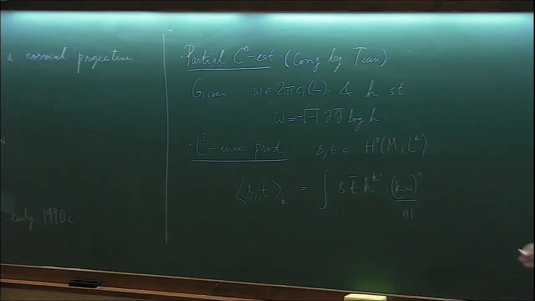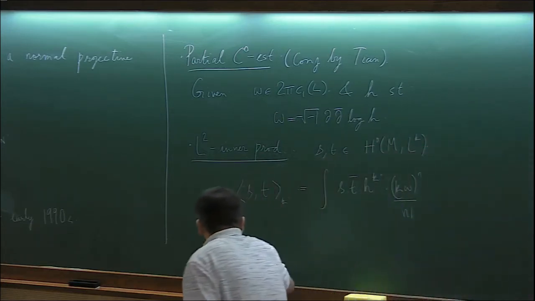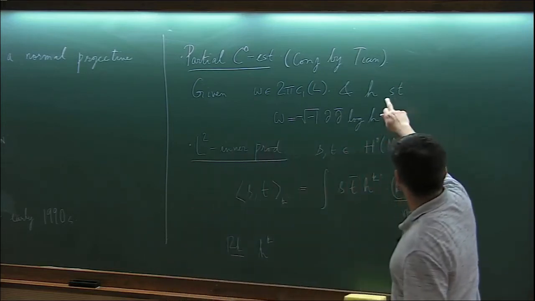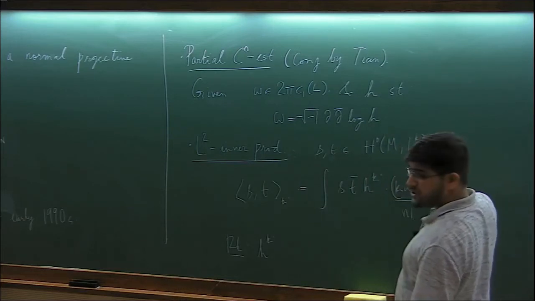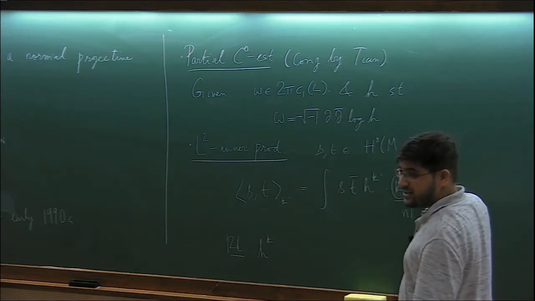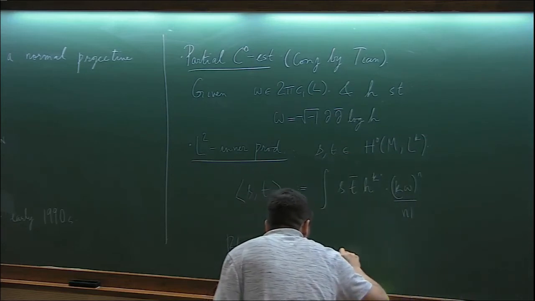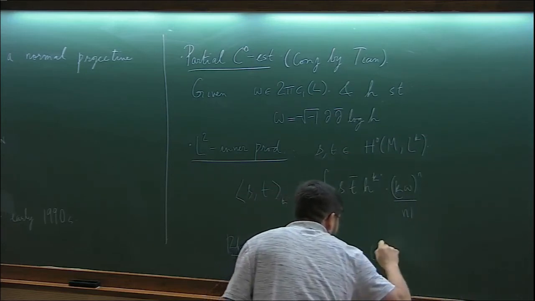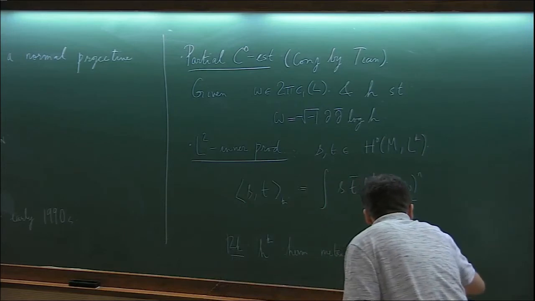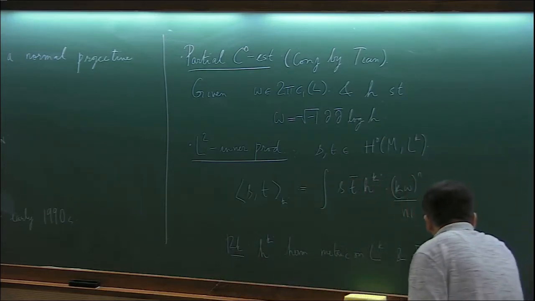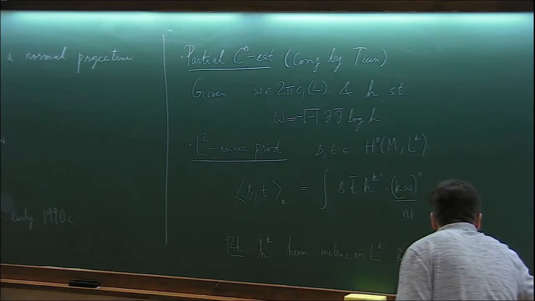Okay, so I should remark that if you look at the kth power of this Hermitian metric, that actually gives you a Hermitian metric on L^k, and the curvature of this is precisely going to be minus square root of minus 1 times kω.